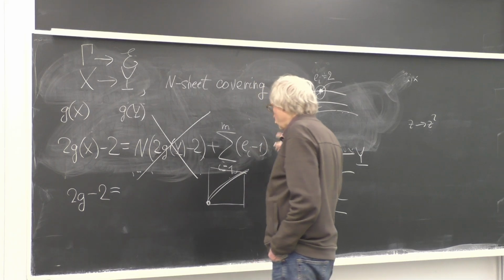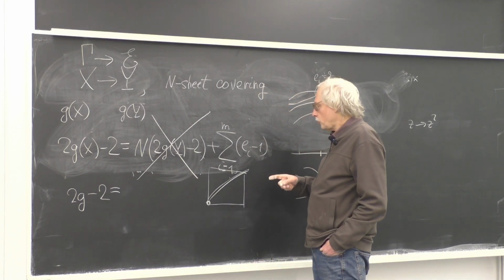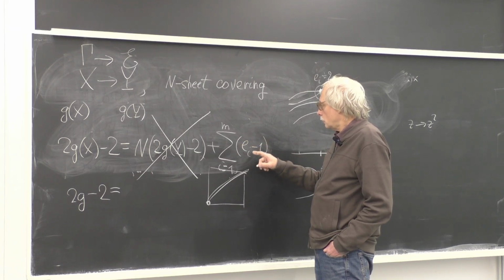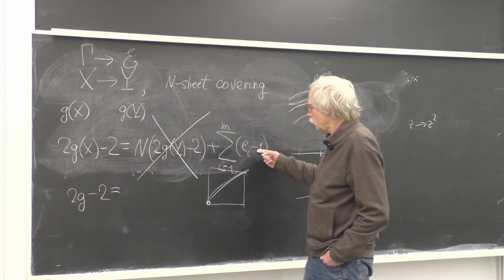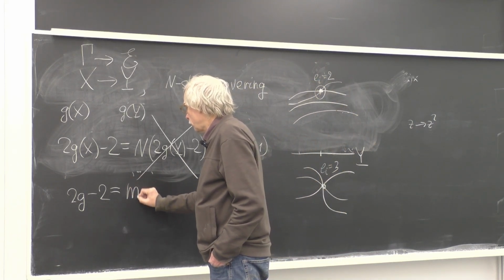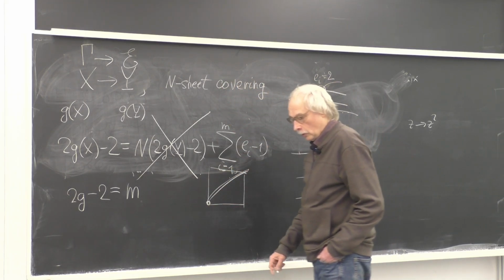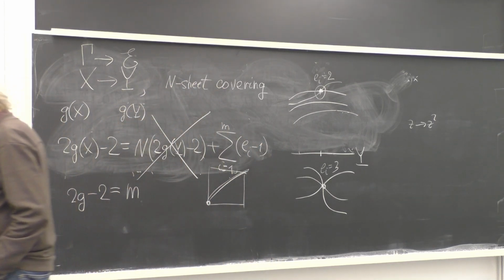And suppose we are in general position, so all ramification indices are equal to 2, then the right hand side equals just m, the number of ramification points.